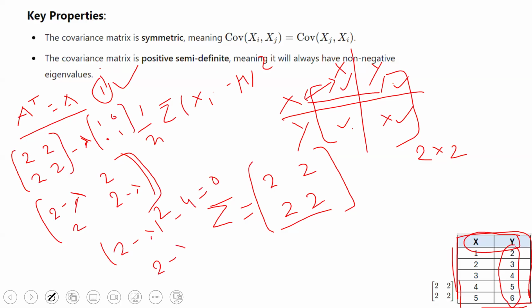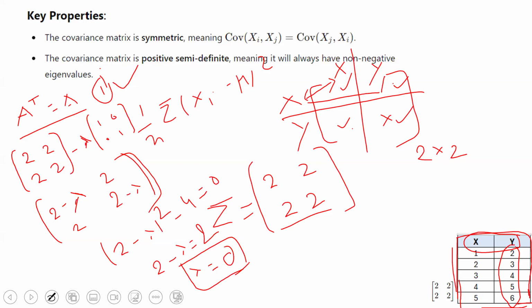So 2 minus lambda becomes 2, so lambda would become 0, and we can also have lambda as minus 2.